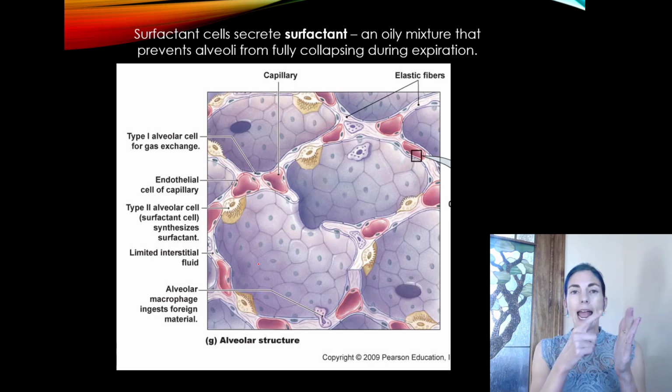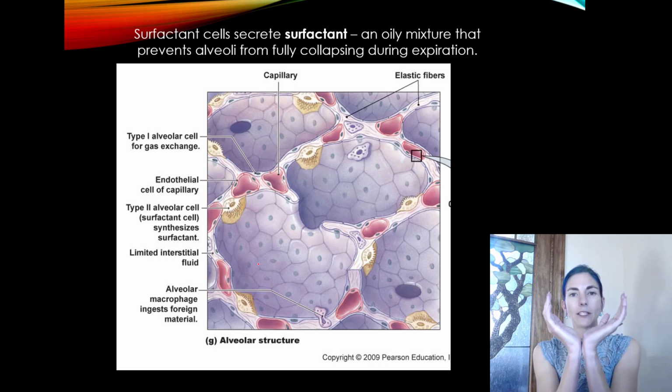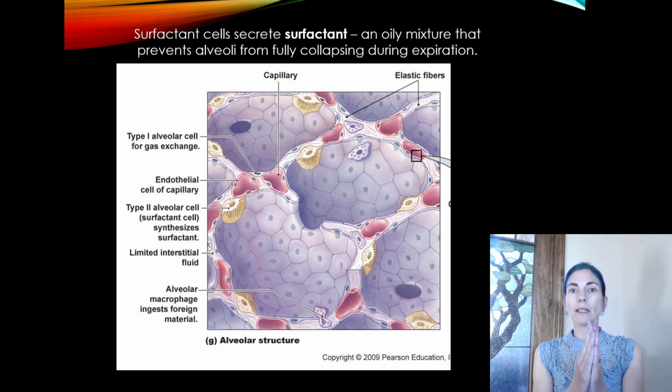They're wet. But the alveoli are really small, and water is sticky. Water likes to stick to other things and other water molecules. So when you expire or let air out, the alveoli start coming together, and of course there's water here and water here, and if they get too close they can stick together, and then it becomes really difficult to pull them apart, as we're going to see.